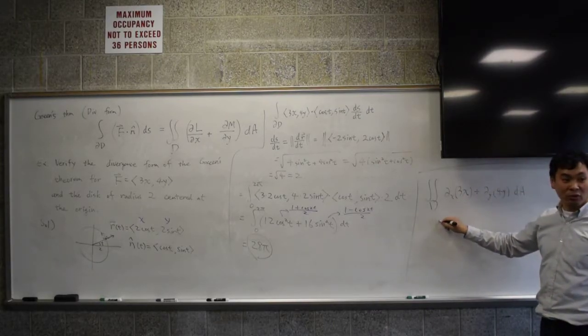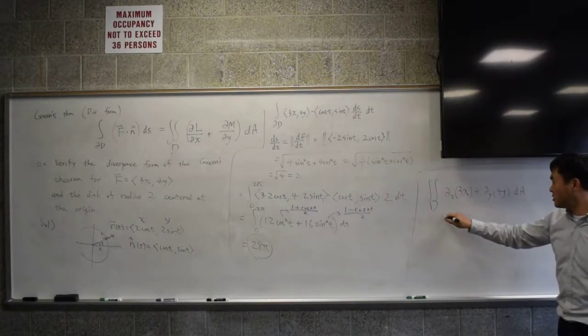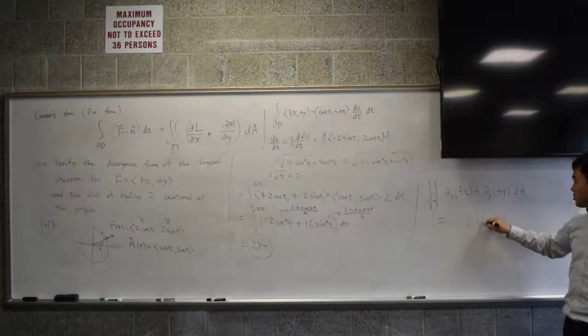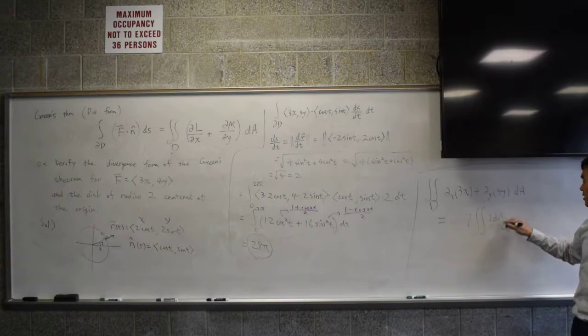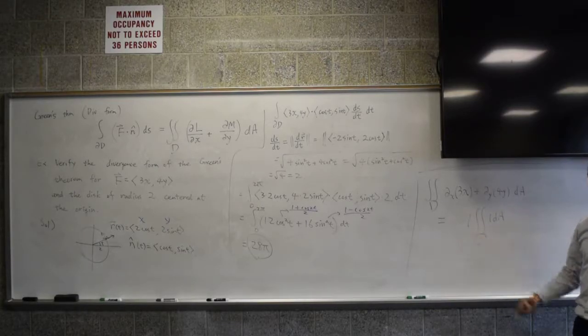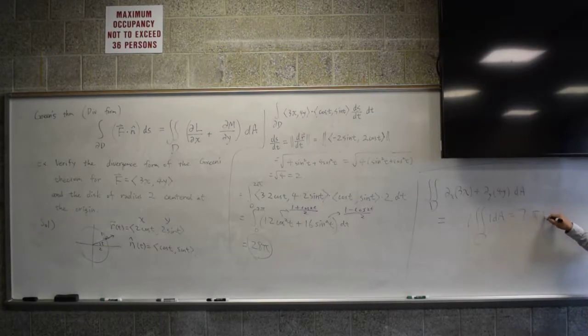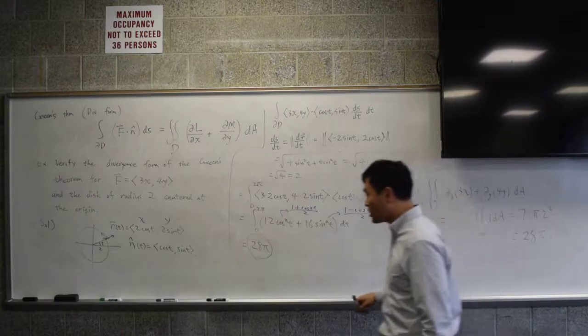That's 3 plus 4, which is 7. If you pull a 7 outside, it's the integral of 1 dA. But that's the area of the circle. What's the area of this circle? Pi times 2 squared, which is 4 pi. 4 pi times 7, 28 pi. Done? So indeed, you've shown that the two sides are equal.